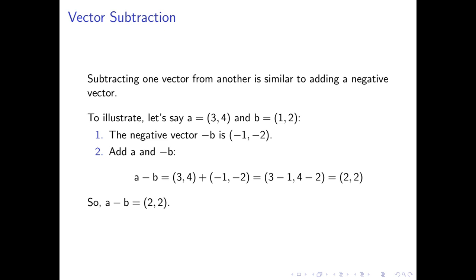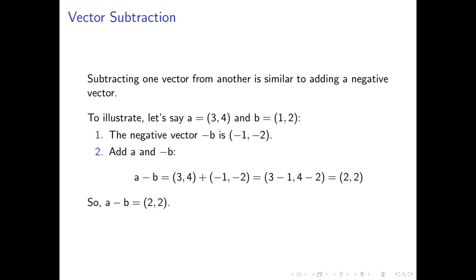Now let's consider this example for subtraction. Suppose we have a vector A, which is 3 by 4. Don't forget how to represent this geometrically. When you say a vector is 3 by 4, it implies x is 3.